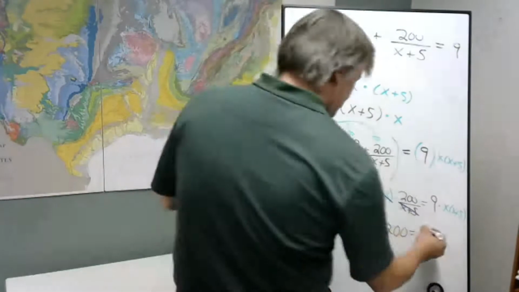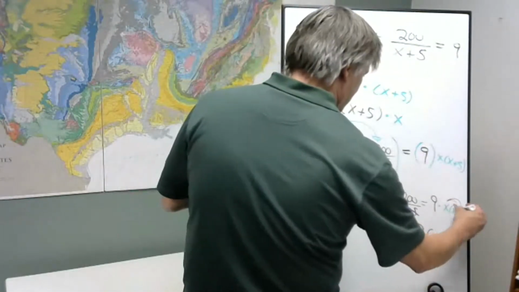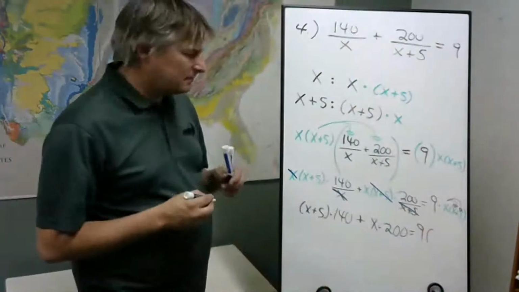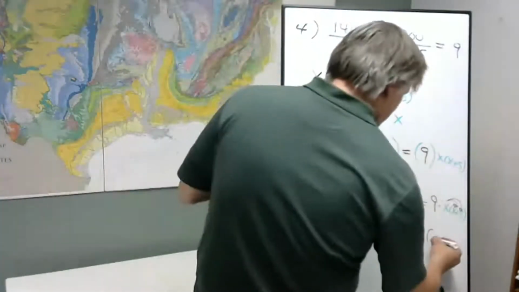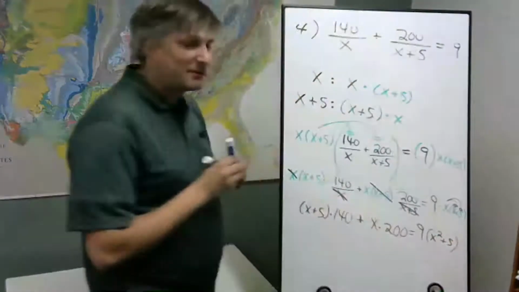And we still have the 9, so we'll distribute this x in like that. So it's going to give us 9 times x squared plus 5.